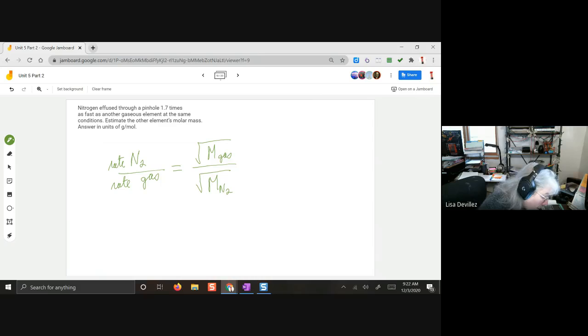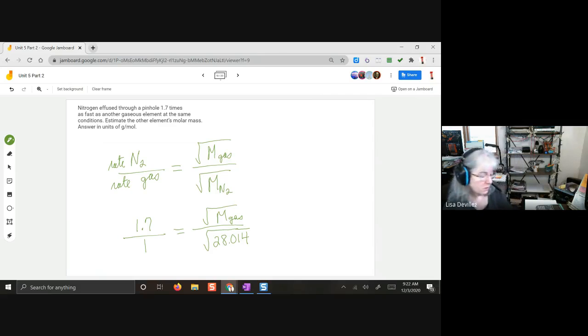So we would have 1.7 times as fast. So we would have 1.7 to 1 here. And then what is that going to be? The nitrogen is going to be 28.014. And then the square root of the molar mass of the gas would be there. And then you would just solve for that molar mass.